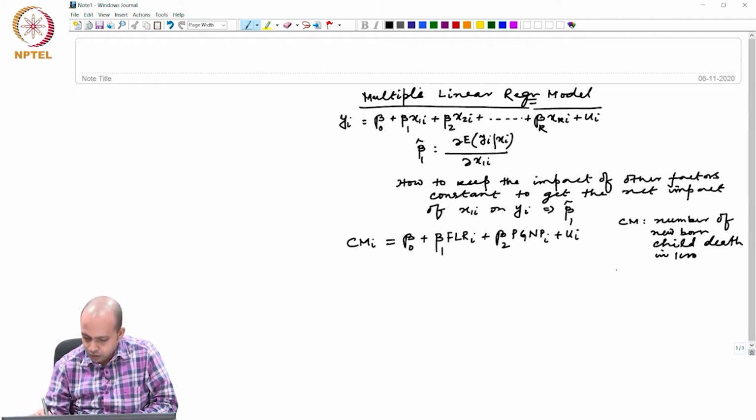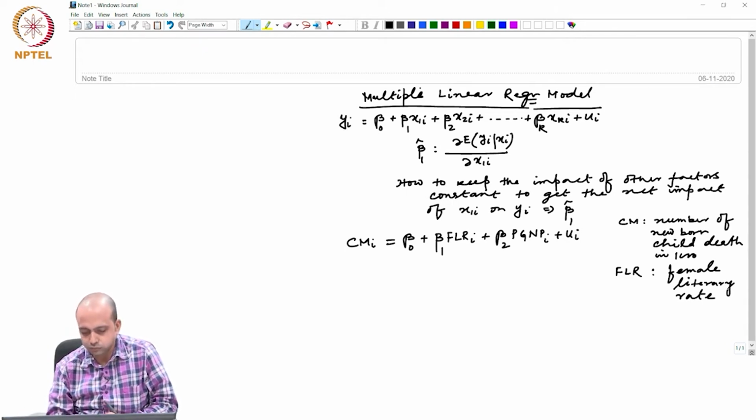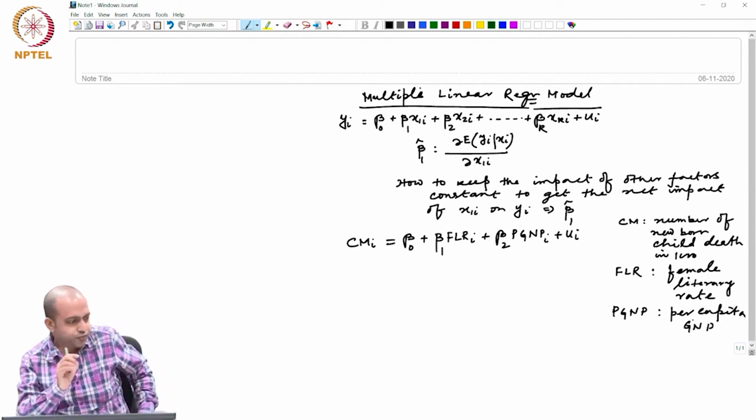Then our first independent variable is FLR, which is female literacy rate, and then PGNP is per capita GNP, okay, per capita GNP.